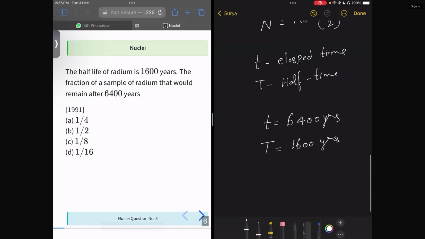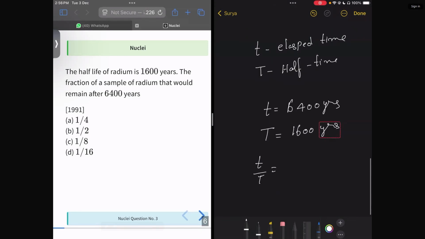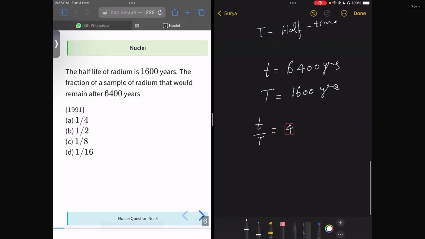So t by capital T, how much will it be? It will be 4. So N by N naught will be half whole power 6400 divided by 1600, so it will be 1 by 2 whole power 4. So it will be 1 by 16. So option D is the right answer.